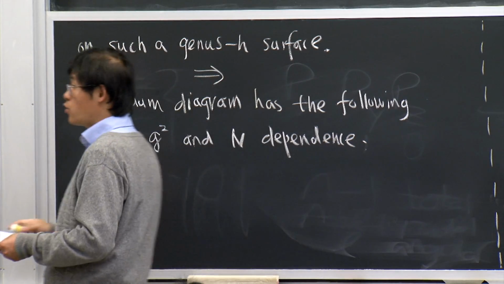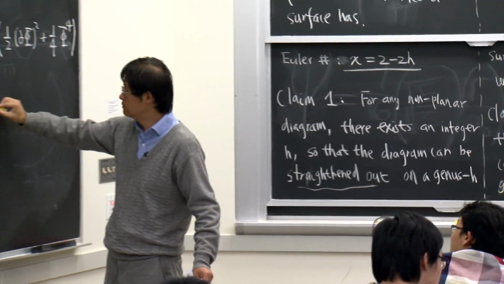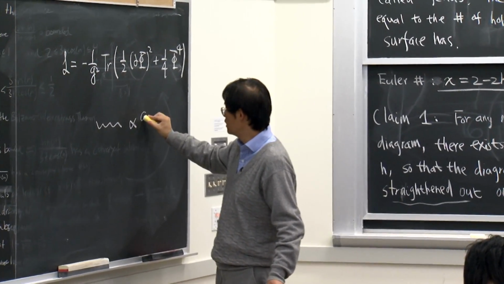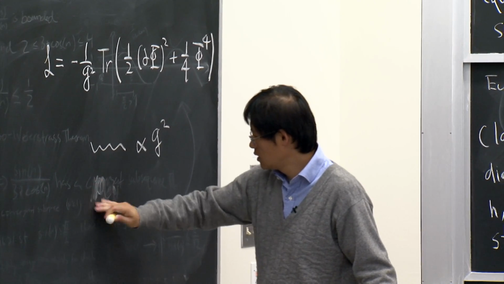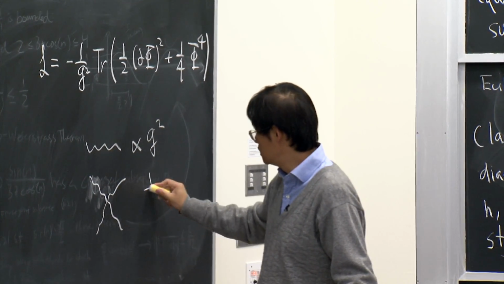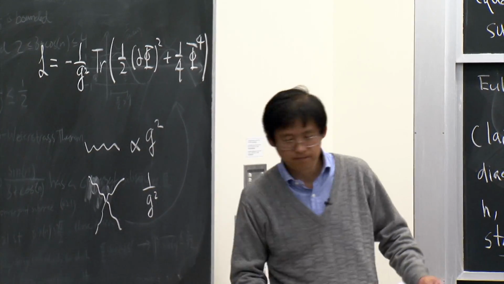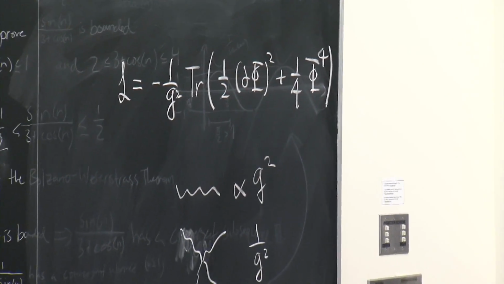Okay, so g squared is just the coupling constant. Remember, each propagator is proportional to g squared, and each vertex is 1 over g squared. So let's just take an arbitrary vacuum diagram.